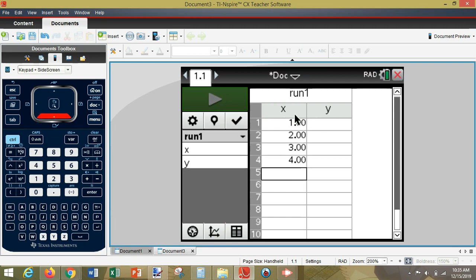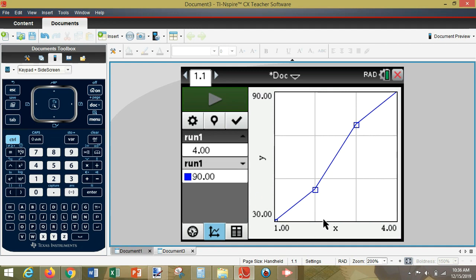And then we go to the Y's, and we type in the Y values in that column. After you've entered them all in, make sure that one of the numbers is not highlighted, then go to the graph view in the middle.